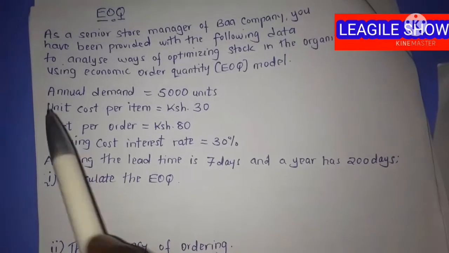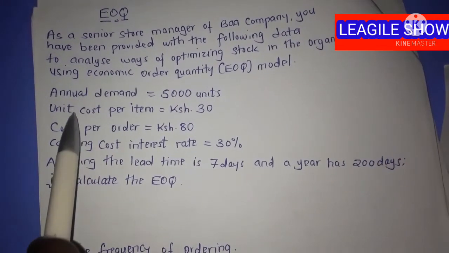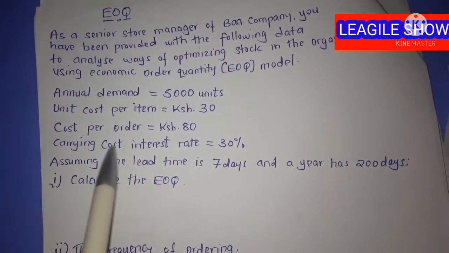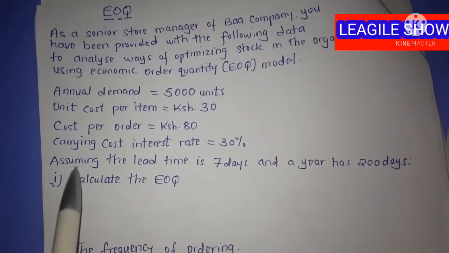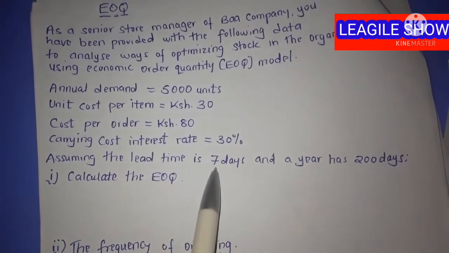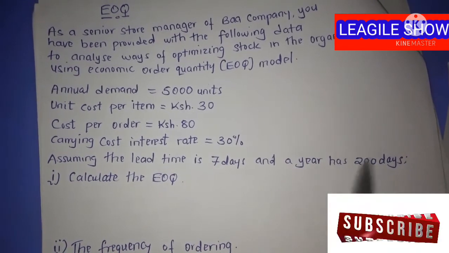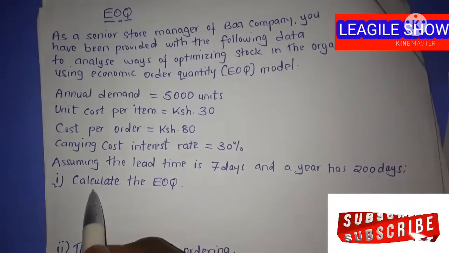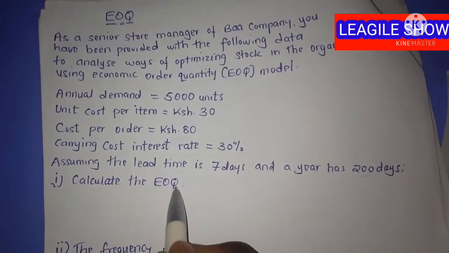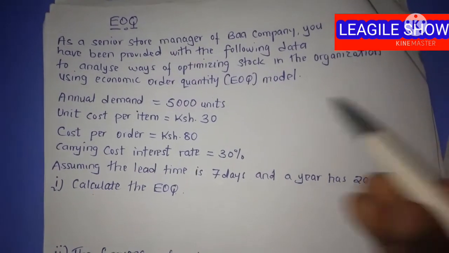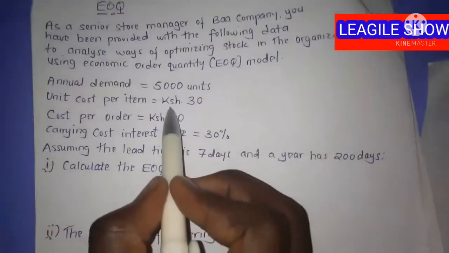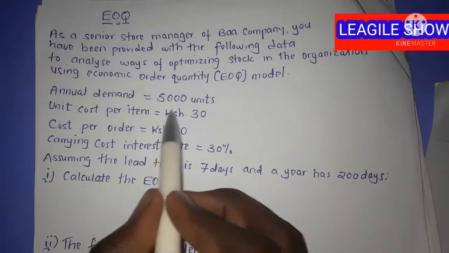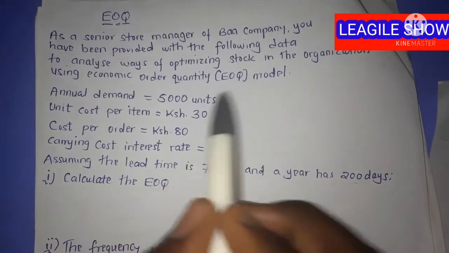So we have been given our annual demand, our unit cost per item, our cost per order, our carrying cost interest rate, then assuming the lead time is 7 days and a year has only 200 days. So our question is, calculate the EOQ. Remember, we are going to use the Kenyan currency, that is the Kenyan shilling.